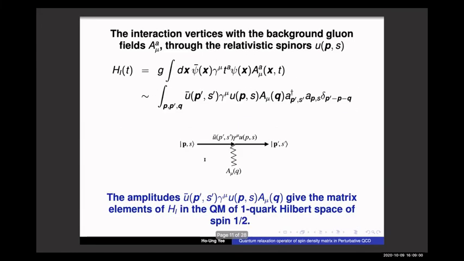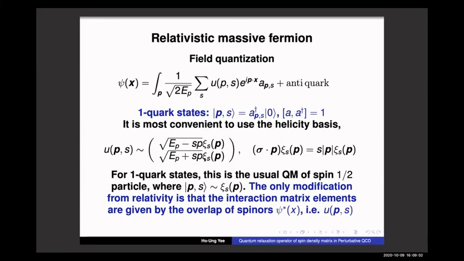It's most convenient to use the helicity basis, so we are working in the helicity basis. One reason to work in the helicity basis is that it has a smooth limit to the chiral massless limit for the spinors, but for the operator, I don't know. I have to think.